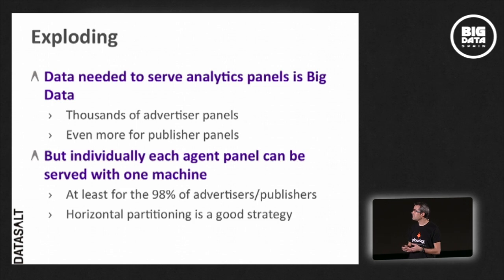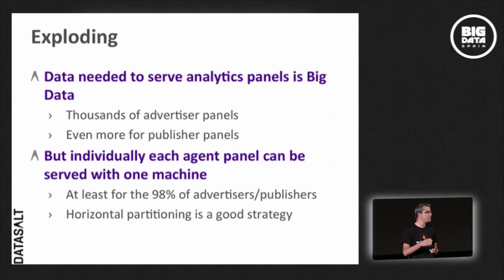But the good news is that individually each agent can be served with the resources of just one machine, at least for 98% of all the agents. Obviously, you always have 2, 3, or 4 agents that are quite big, maybe because it's a big company or whatever.